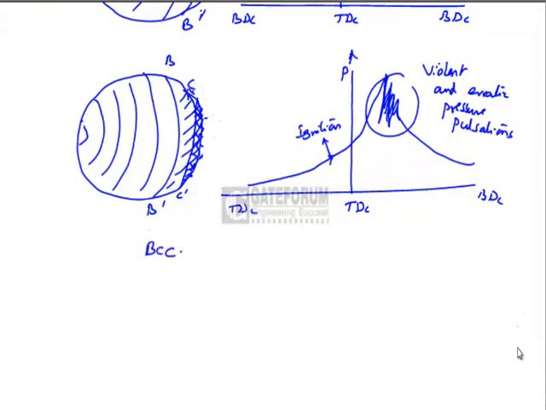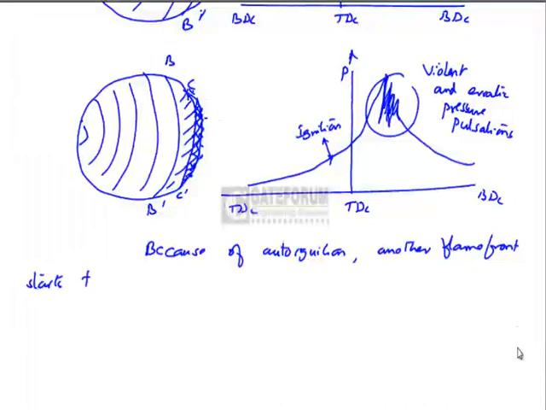Because of auto-ignition, another flame front starts traveling in the opposite direction to the main flame front.